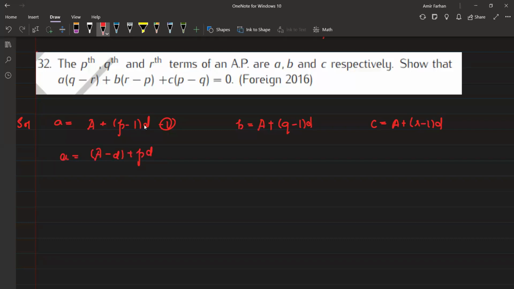You just multiply this d into the bracket, pd and minus d, and you just bracket, basically combined it with a. You have done nothing. We have just taken this term as a single term. b is equal to a minus d, similar here, plus qd. Same here, c is equal to a minus d plus rd. So that's what we have done.